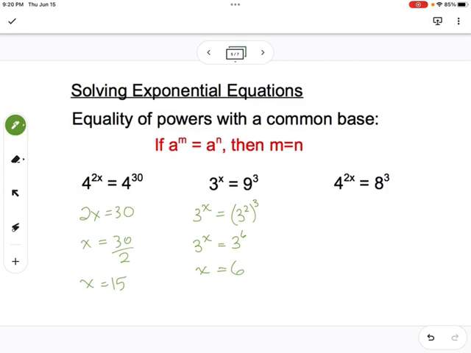And then the final one, we have 4 to the exponent 2x equals 8 to the exponent 3. To make this a common base, we want a base of 2. So 2 squared to the 2x equals 2 cubed.